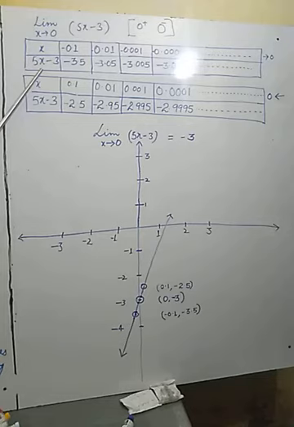You may observe here. Now see, how can we determine the limiting value when x tends to 0? So what value of the function would be there? It will be the point where it crosses the y-axis. That will be the limiting value of this function.